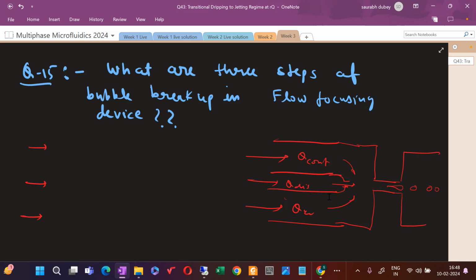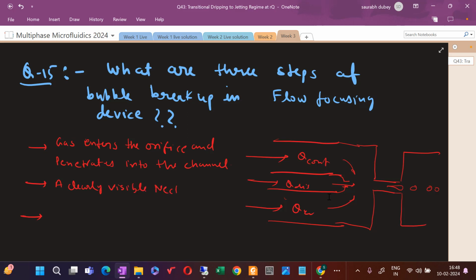In this, gas enters the orifice and penetrates into the channel. So the steps are: gas enters the orifice and penetrates into the channel. A clearly visible neck develops.